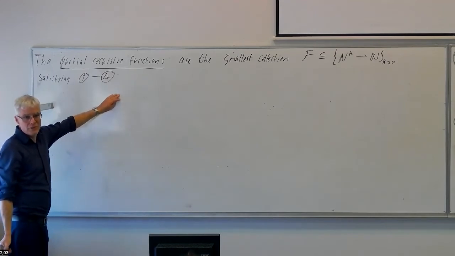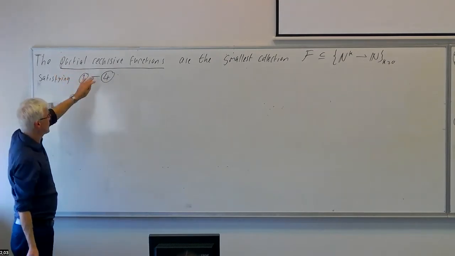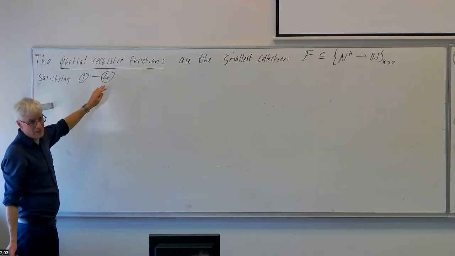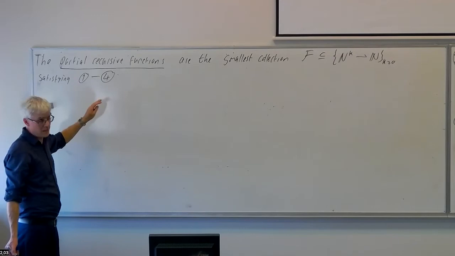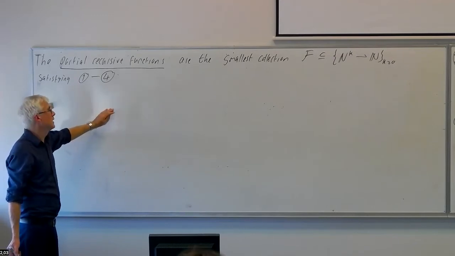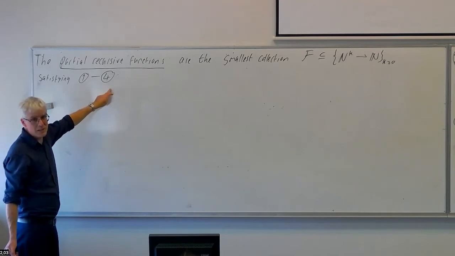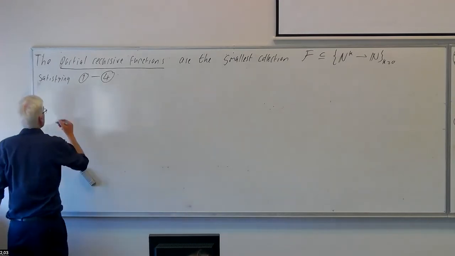So 1, 2, and 3 are going to be exactly the same as before. So the partial recursive functions contain the basic functions we've already defined. They must be closed under composition. They are closed under primitive recursion. But in addition, they must also satisfy 4, which is closed under a further operation on partial functions called minimization.